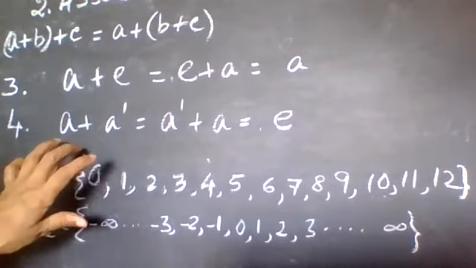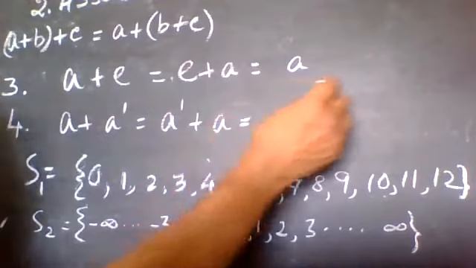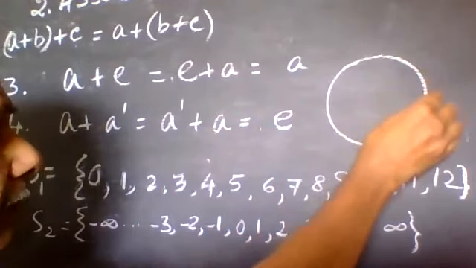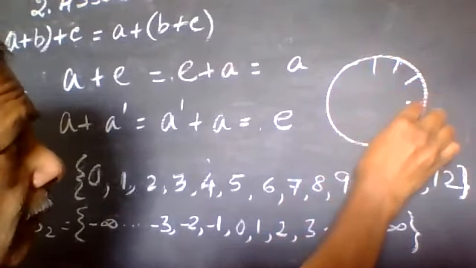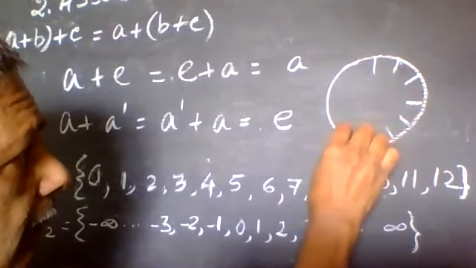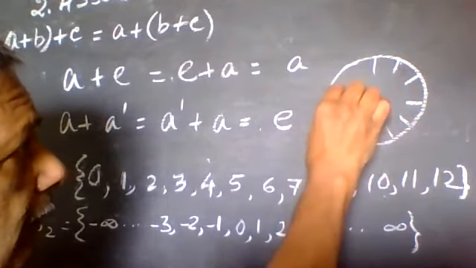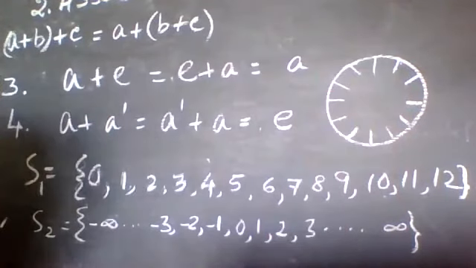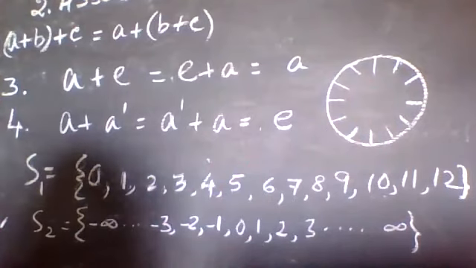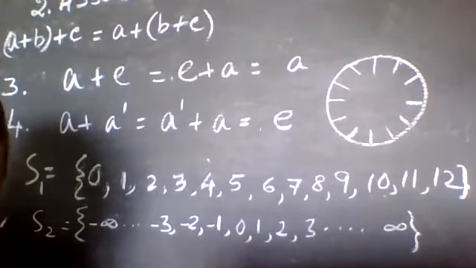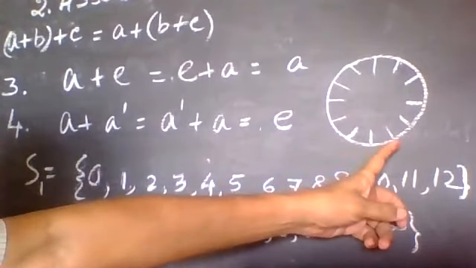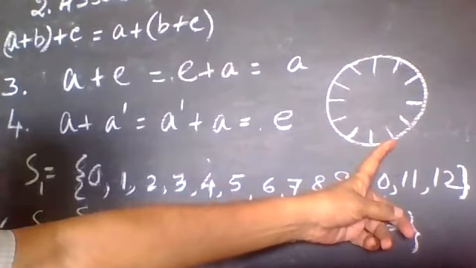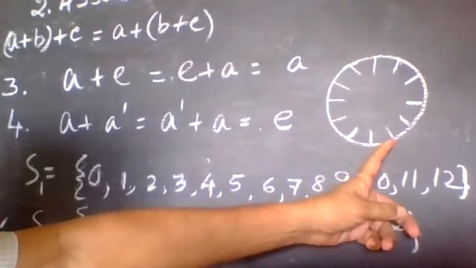So if you have a equals 5 and you have the clock face, and a equals say 5, then you will have to make it e, and you know that e is 0.